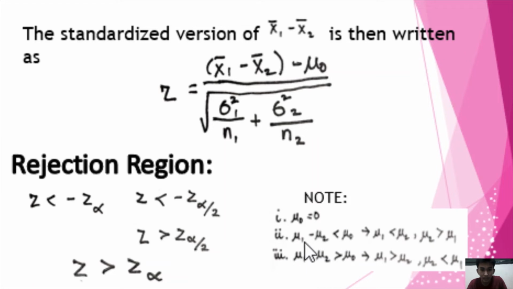Mu sub 1 minus mu sub 2 is less than mu sub 0, so mu sub 1 is less than mu sub 2. Then mu sub 2 greater than mu sub 1. And the third is mu sub 1 minus mu sub 2 greater than mu sub 0, so mu sub 1 is greater than mu sub 0, mu sub 2 less than mu sub 1.